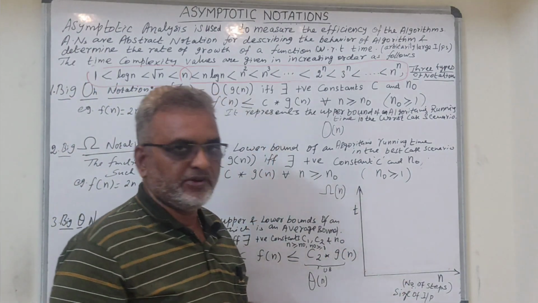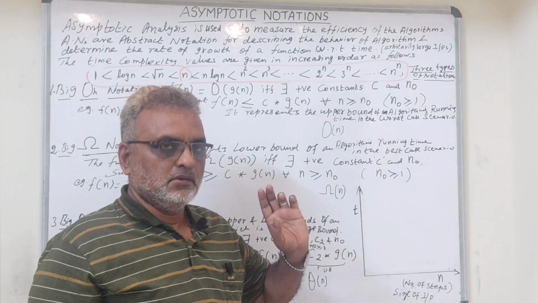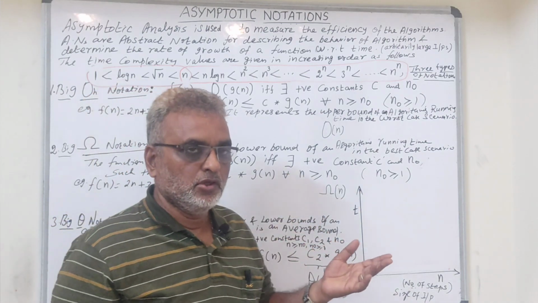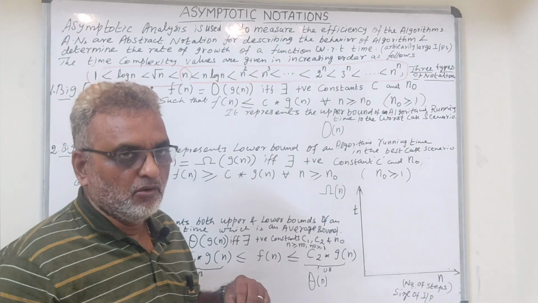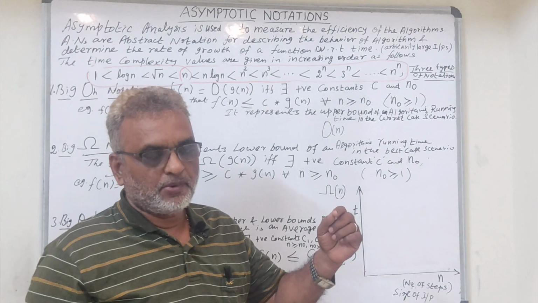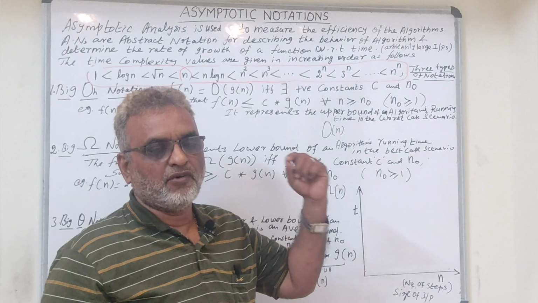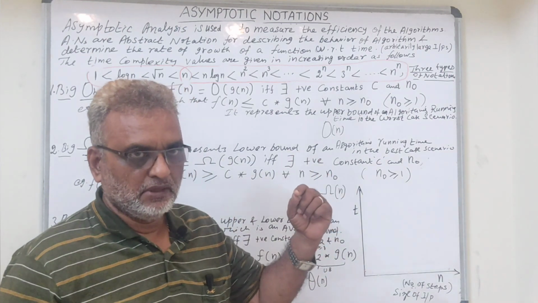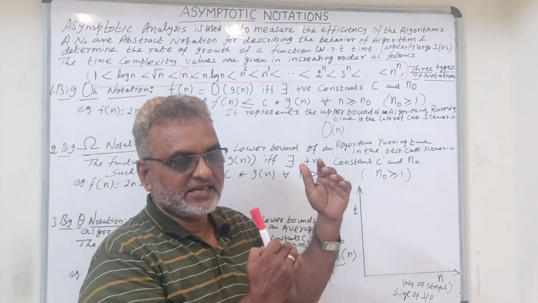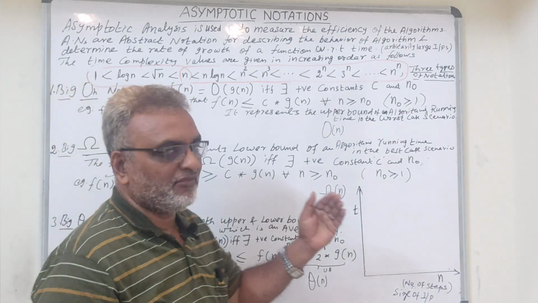We have a connection between these two. For example, a simple assignment statement can be considered as one step. But if you write a loop, the loop contains a number of steps. It depends upon the final value of the loop. For example, for i is equal to 1 to n, where you are accepting the value for n, some statement you are executing inside that loop will be executed n number of times.